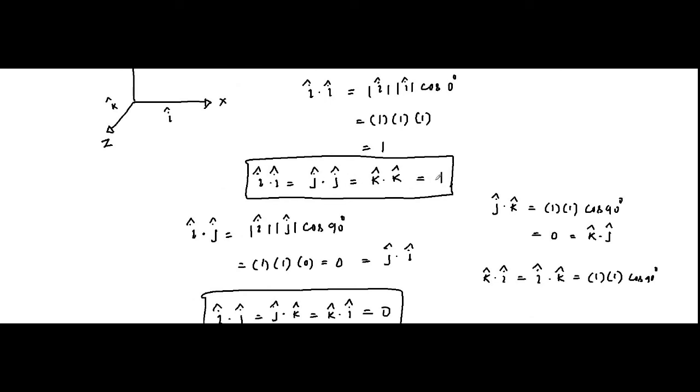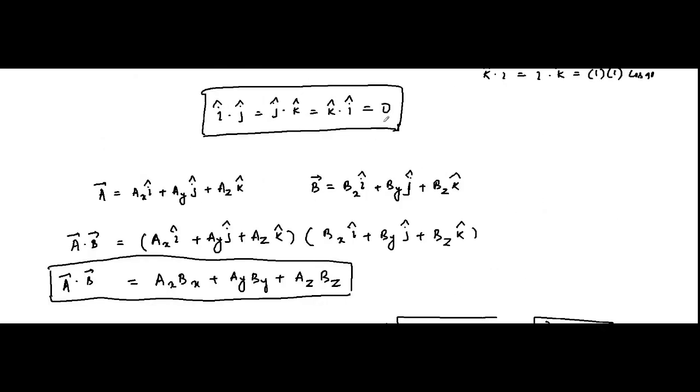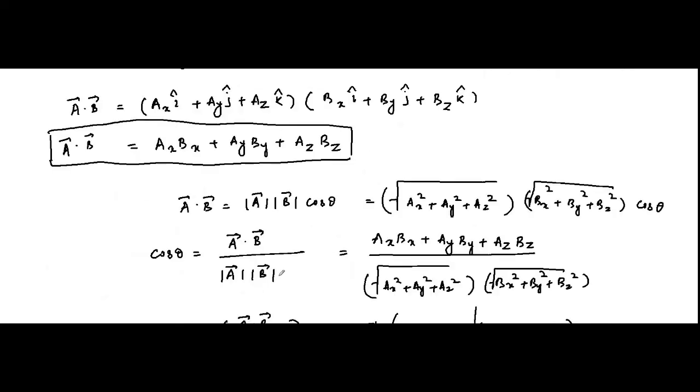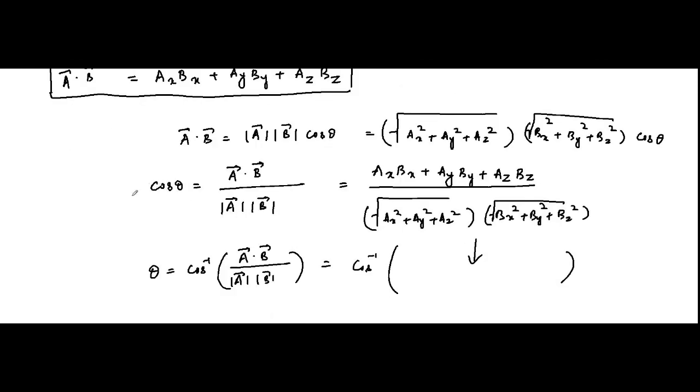Others will be 0, so there is no need to unnecessarily lengthen the whole expression. Then we have this expression of dot product, which is A vector modulus B vector modulus cos theta. So we combine both of them to get the value of cos theta. Once we have the value of cos theta, which is expressed in terms of scalar values, we can take cos inverse of the value and we'll get the result.